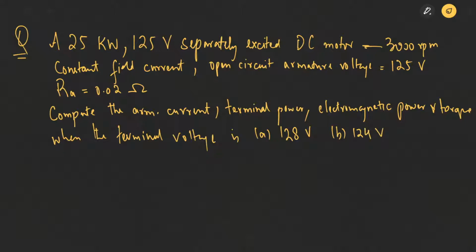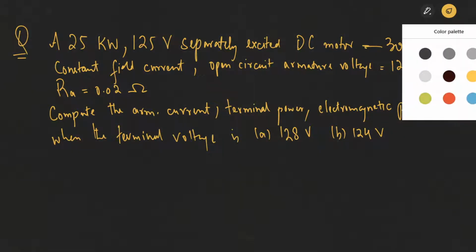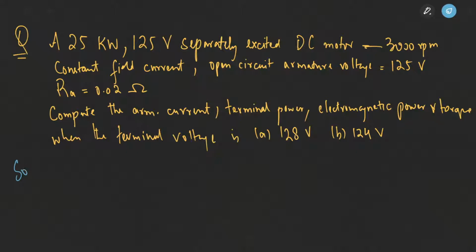We have been given two conditions of the terminal voltage. One is 128 volts and the second one is 124 volts. Fine. So if you see, the solution of this is a separately excited DC motor.